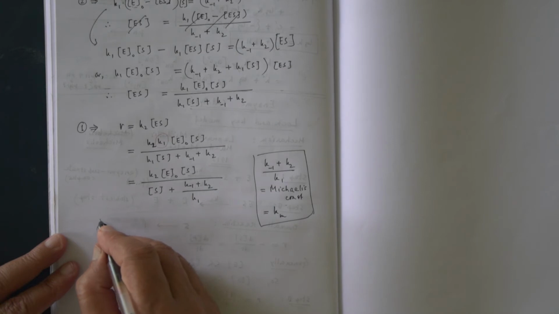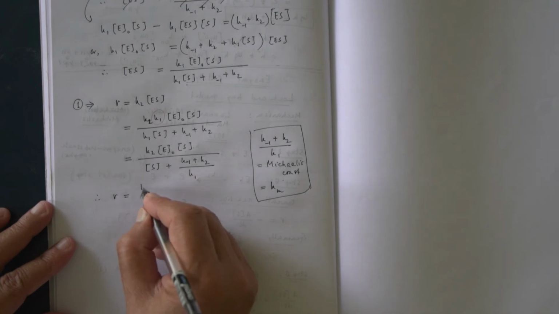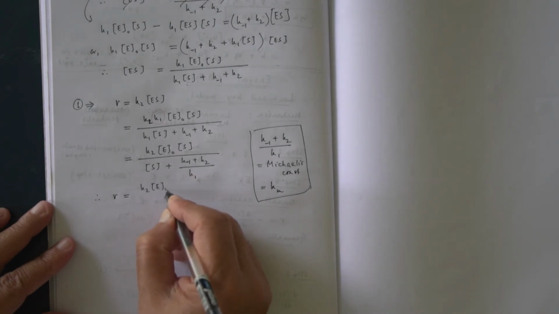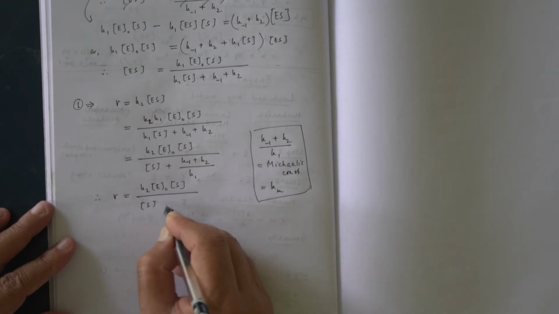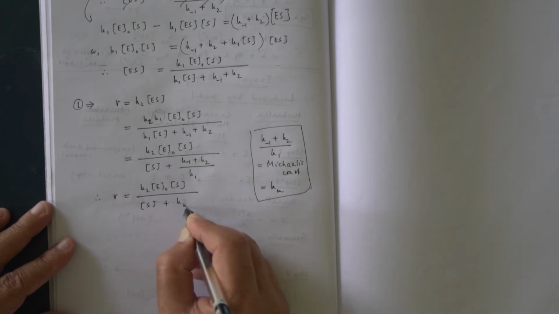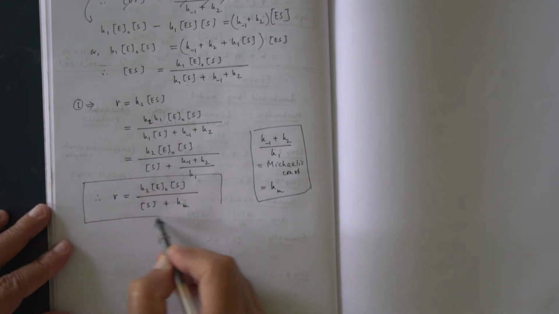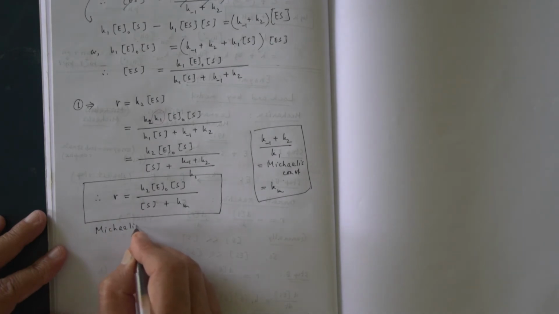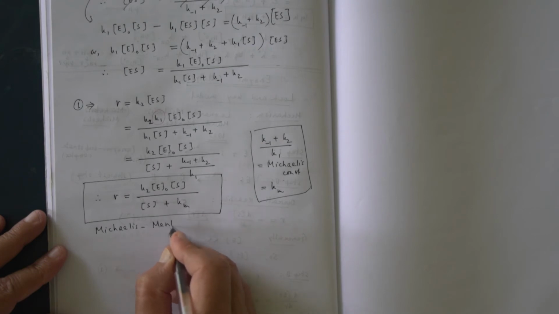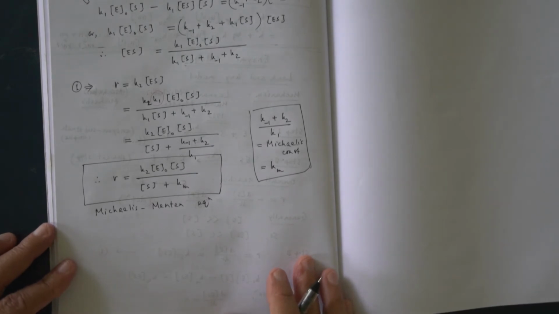So we can write R equal to k2 E naught S divided by (S plus Km). Now this is known as the Michaelis-Menten equation for enzyme catalysis.